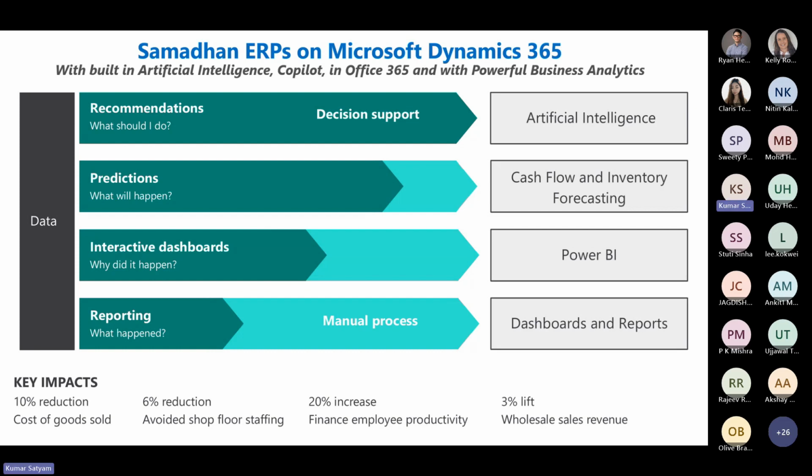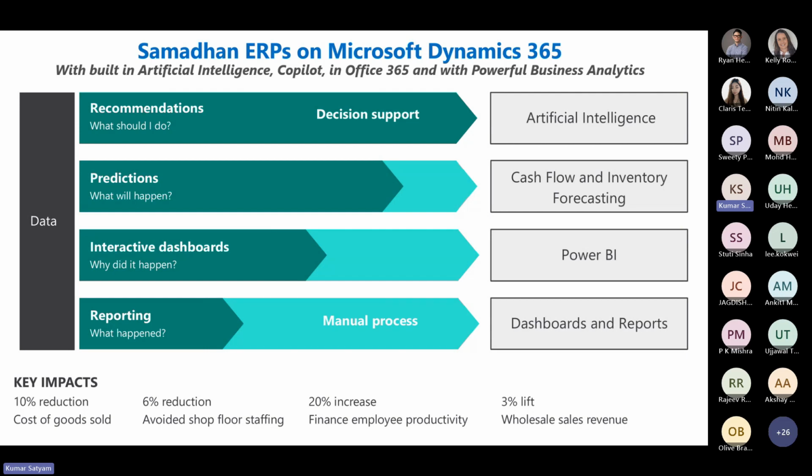Some of the statistics at the bottom of the screen say that with the continuous use of this ERP that we're offering, that is Business Central and F&O, Microsoft Dynamics 365, there's a 10% reduction in cost of goods sold. There's a 6% reduction in shop floor staffing, which could have been avoided. Now you can avoid that, so you can reduce that by 6%.